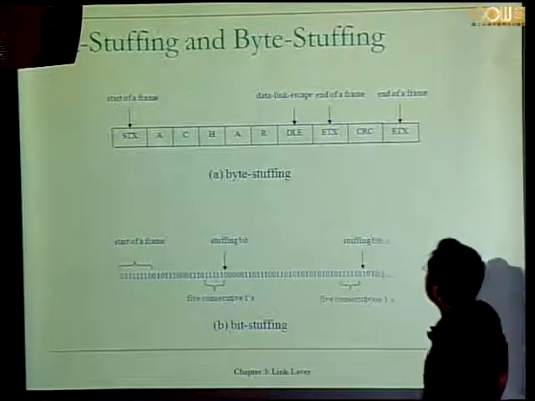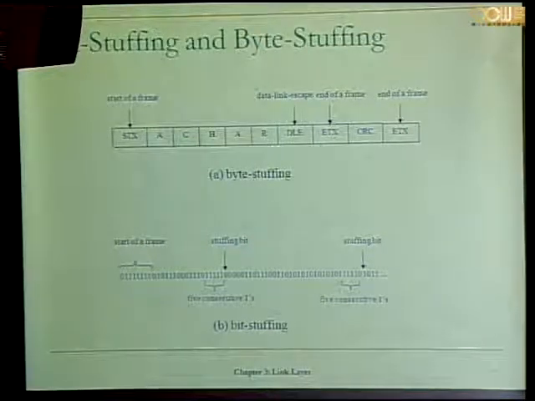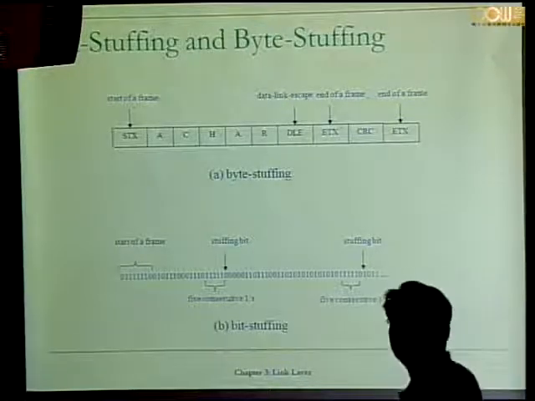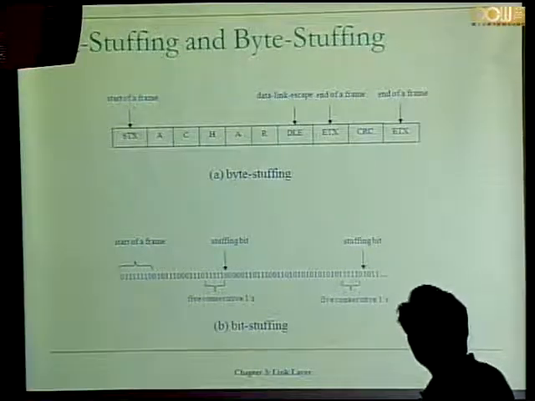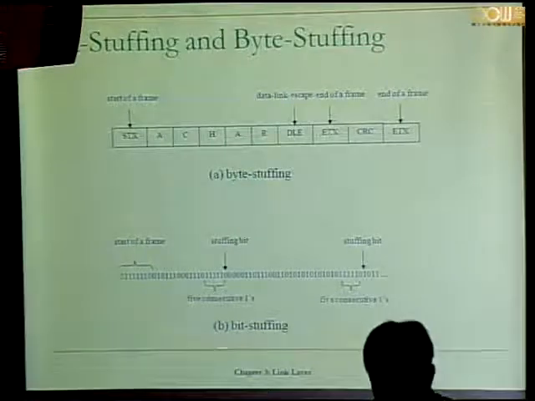That's called byte stuffing. When you transmit data and you see ETX within the data payload, the transmitter stuffs a DLE before the ETX, so that it destroys the pattern.